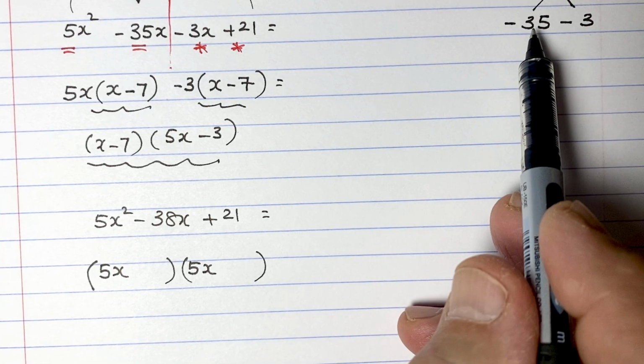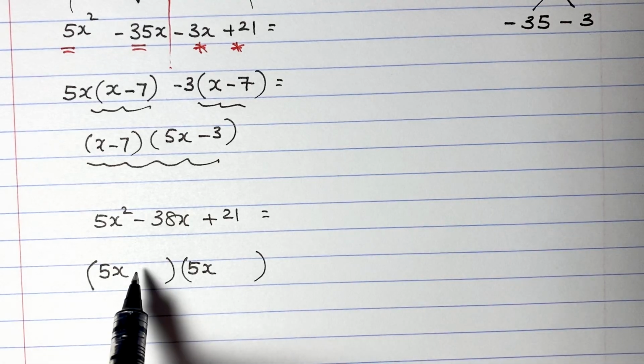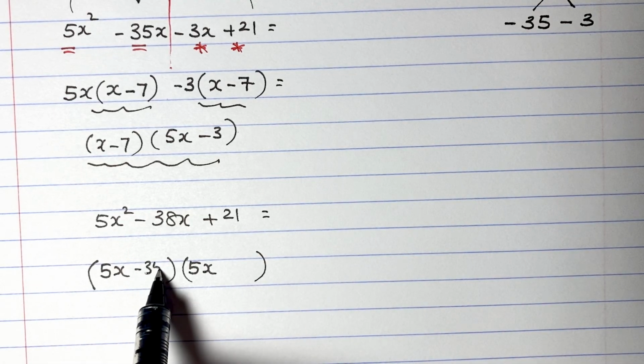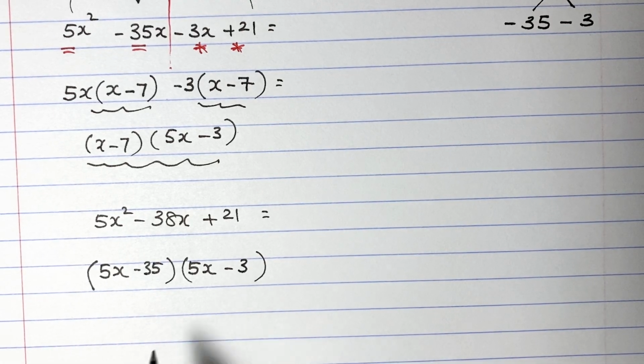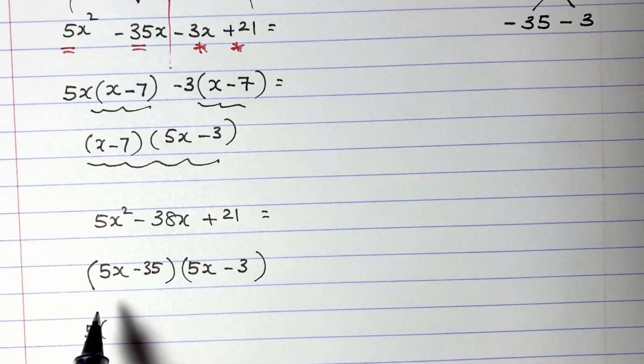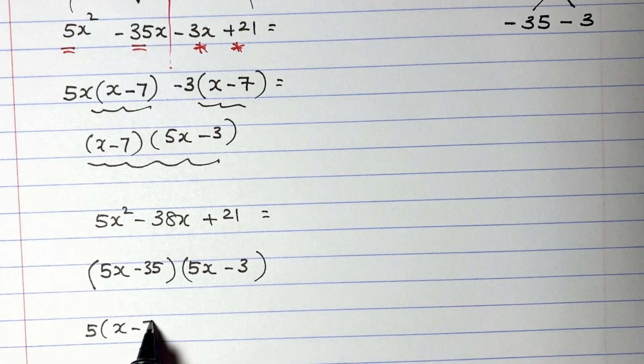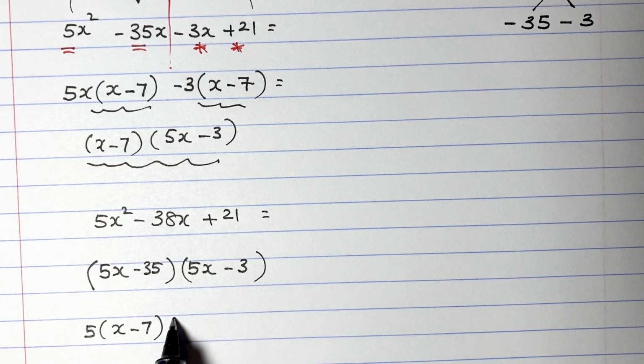And I'm putting the numbers I had here, minus 35 and minus 3, inside here, and try to correct them. The first bracket offers me 5, so factorize a 5. This one offers nothing. 5x minus 3.